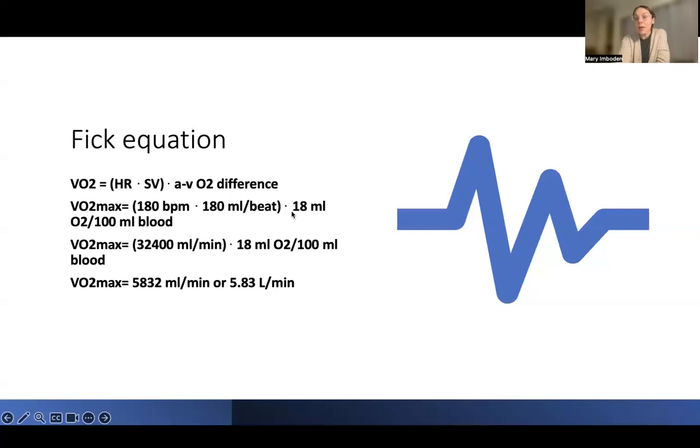And we do see maybe a slight increase in our AVO2 difference, meaning that the elite athlete's body is able to extract more oxygen out and use that to fuel this exercise. So going from 15 to maybe 18 at tops, okay? We never extract the full 20 milliliters of oxygen. So what we see with that equation is a higher VO2 at 5.83 liters per minute at max effort.